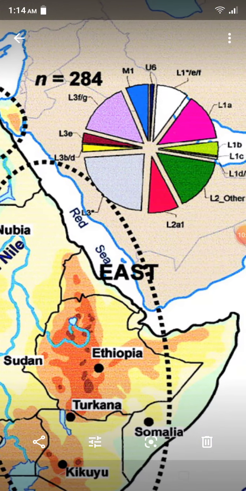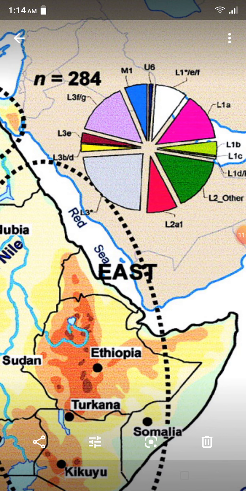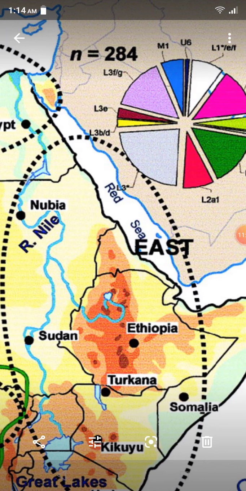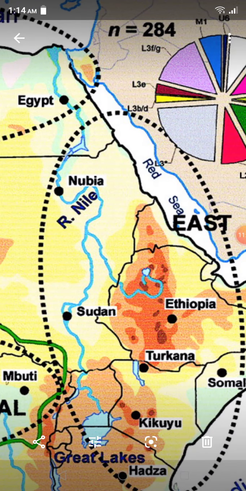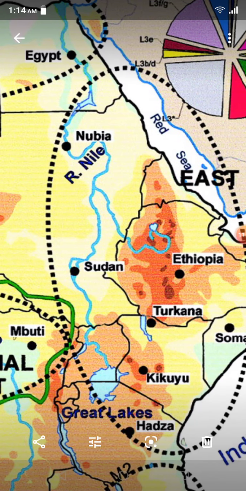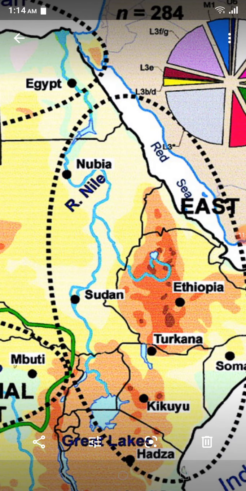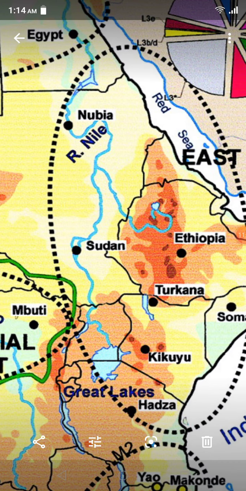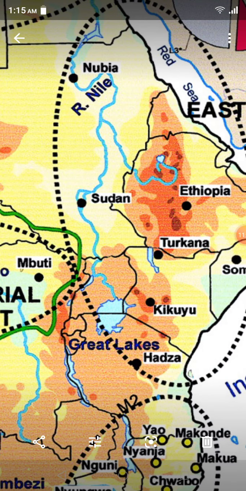So when you understand that these people migrated in this massive region, then you better understand the whole concept of Israel being a source group of the Nile Valley region and the Great Lakes region.